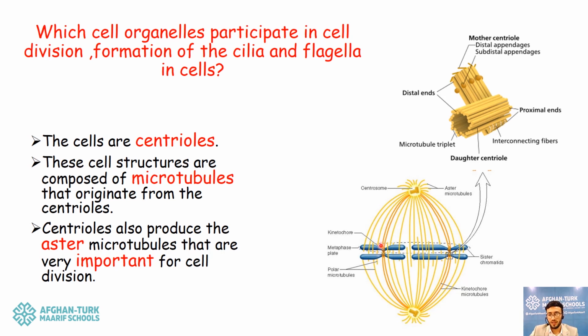These are the centrioles that move to two poles of the nucleus, and they produce aster microtubules in order to attach to the center of the chromosomes and split one cell into two cells.